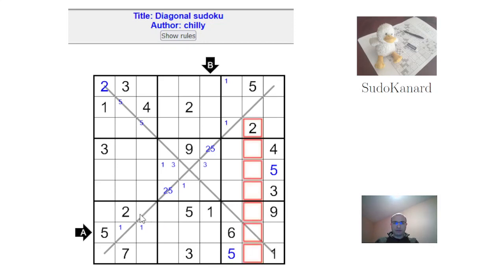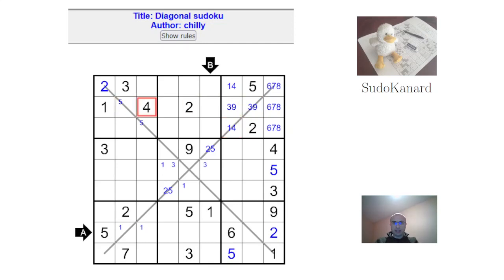This 2 and this 2, put a 2 here. So we get 6, 7, 8 up there. This 4 now is not here, so we get a 1, 4 pair on those two positions. And this is now a 3, 9 pair.